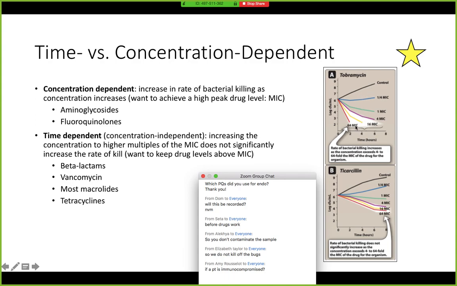So you can see that the MIC is increasing, and the rate is also increasing with the increase in MIC. And then time dependent is concentration independent. So even though you have a 64-fold increase in MIC, it's not really affecting the rate of killing because it's dependent on time, not concentration.